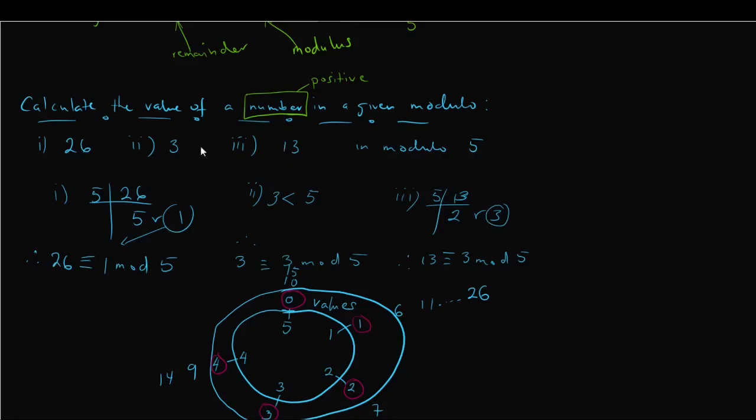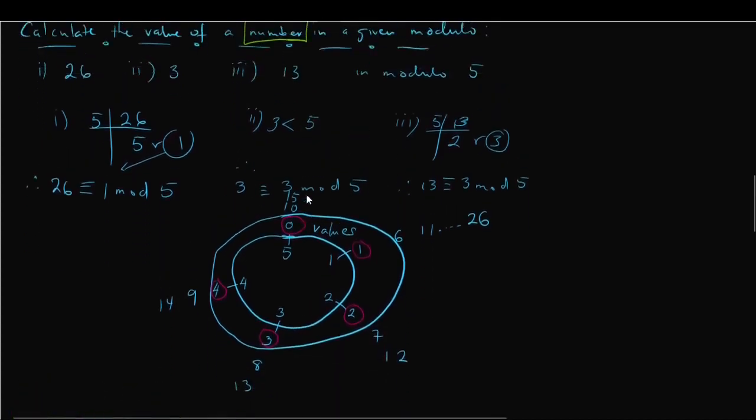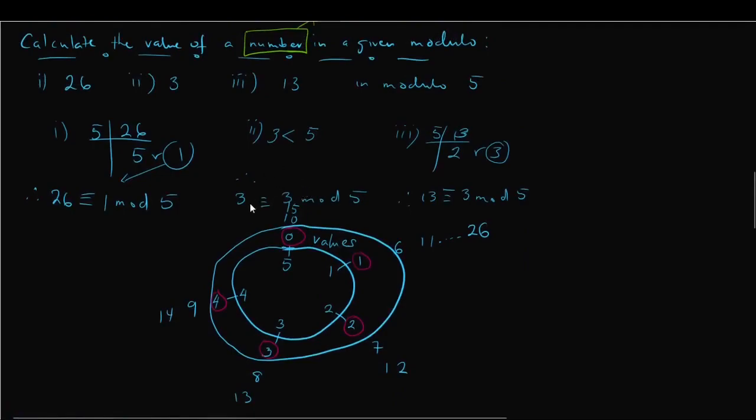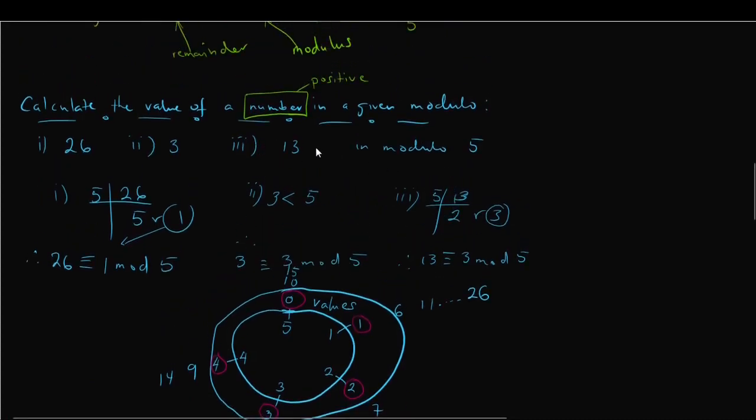What about the number 3? Now 3 is less than the modulus, or 5 in this case. Therefore, it retains the same value. So we don't do anything to it. So 3 is equivalent to 3 in mod 5. Now what about the number 13 in mod 5? You divide 13 by 5 and we get 2. So 5 times 2 is 10, remainder 3. So 13 in modulus 5 is congruent to 3 modulus 5.